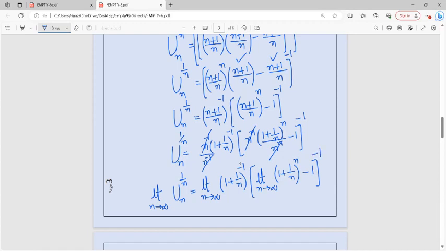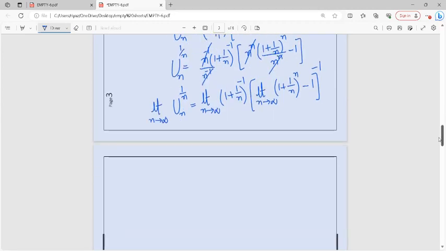Now as n tends to infinity, 1/n tends to 0. So 1 to the power of minus 1 means 1 by 1, that is equal to 1 only.